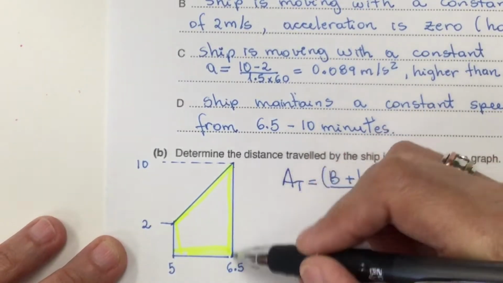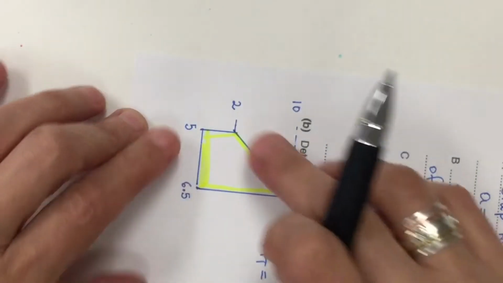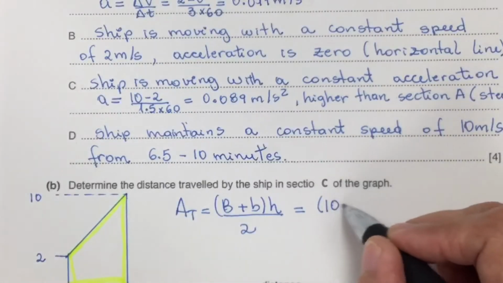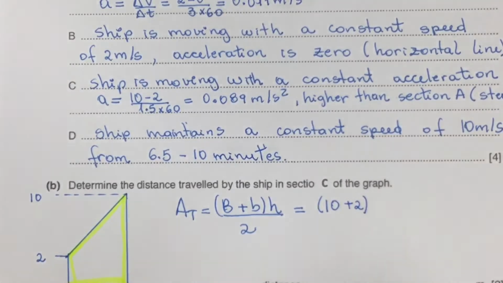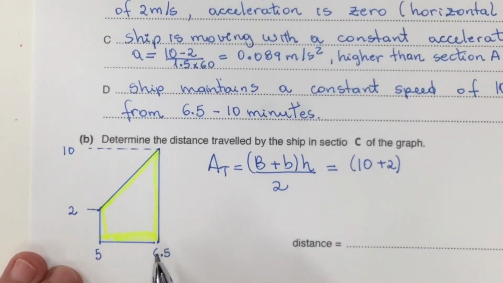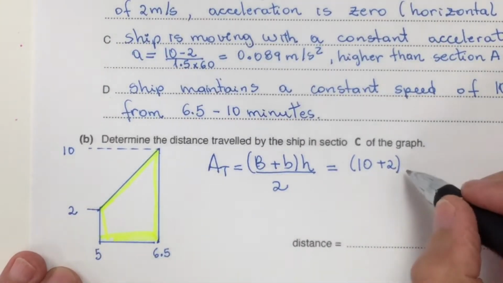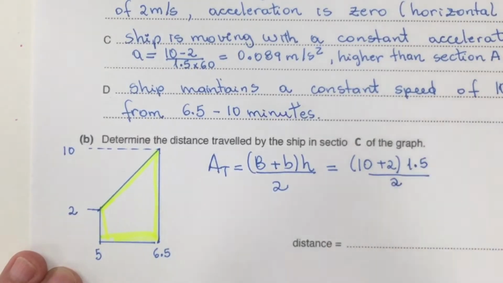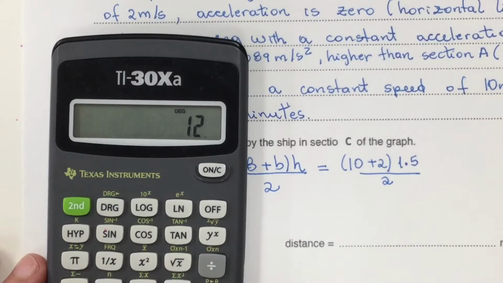The big base here is 10, the small base is 2. So 10 plus 2, times the height, which is 6.5 minus 5, is 1.5, divided by 2. So 12 times 1.5 divided by 2 is 9.